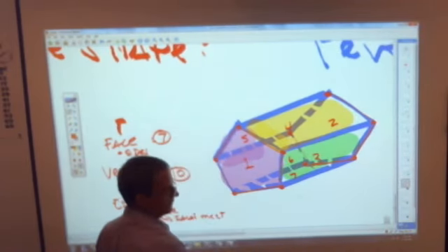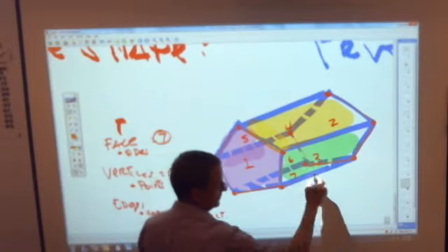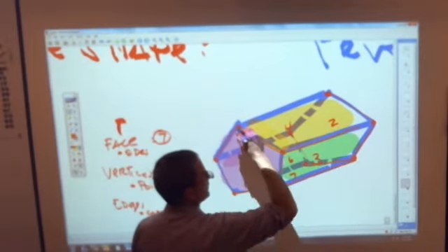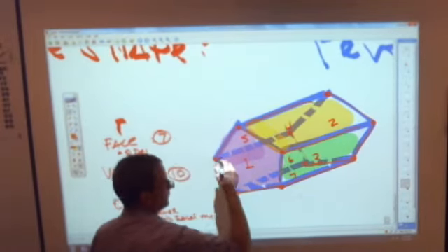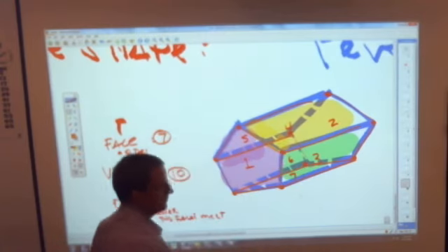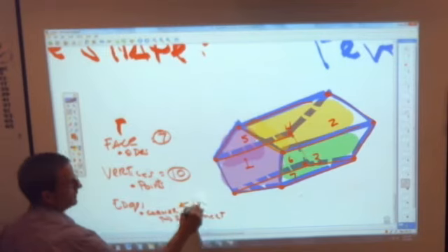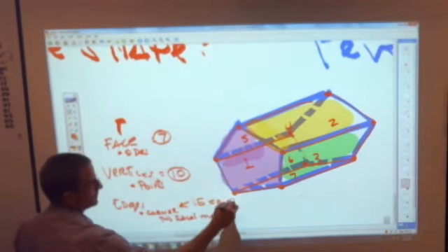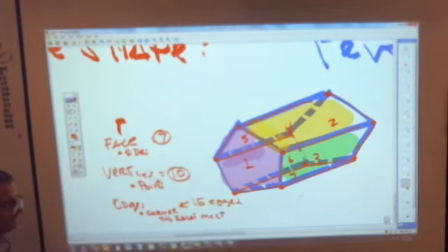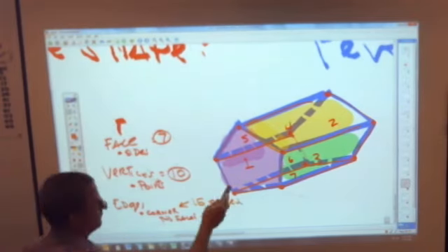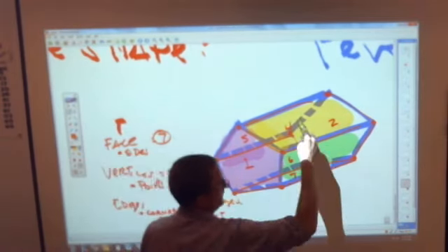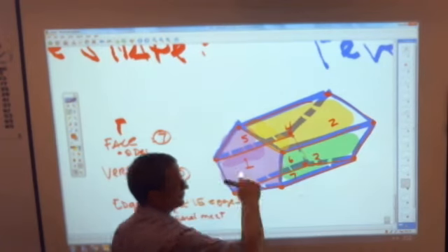So there's 10. Then I've got the ones that surround it. 1, 2, 3, 4, 5. How many edges? That boy has 15 edges. There are 5 right here, 5 that make up the back, and then the 5 that surround it.